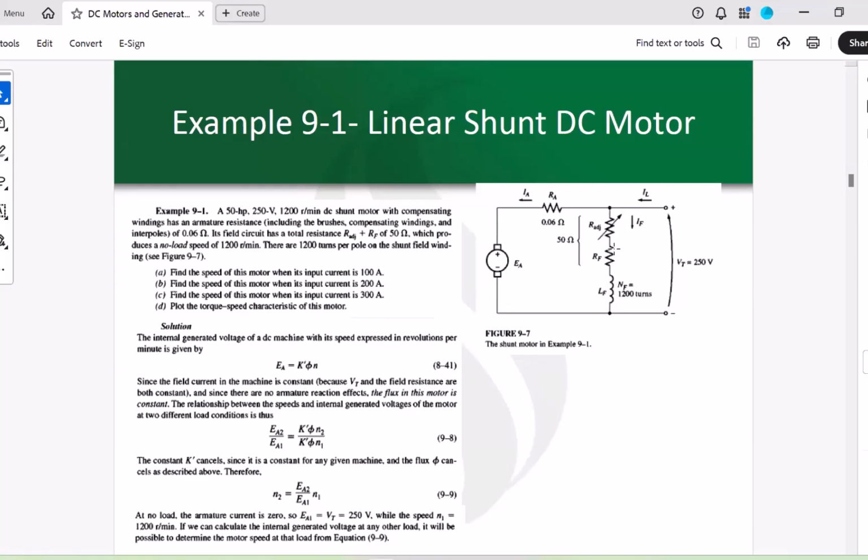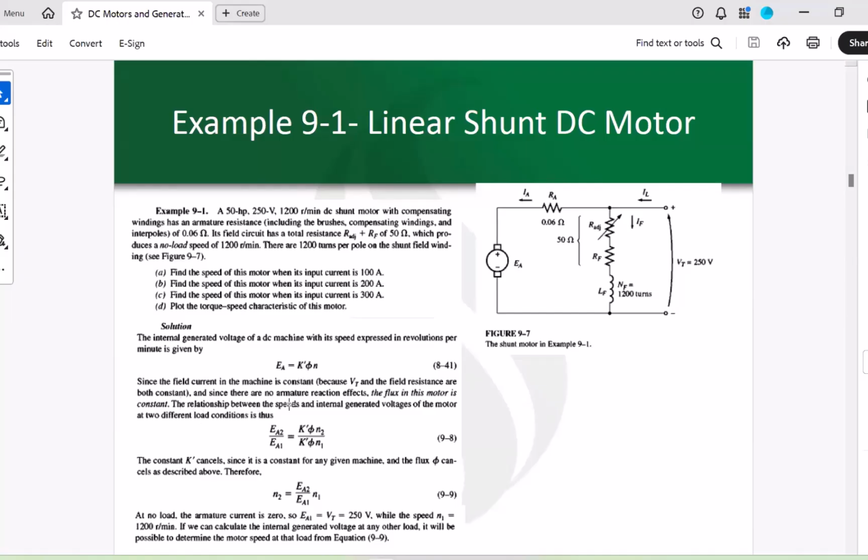As you can see through the circuit, Vt is also constant, and this field resistance is constant, so the current that flows in here is constant. And because there is no armature reaction, phi remains constant, because phi has a relationship with IF. Since there is no armature reaction, the flux in this motor is constant. So overall, we can conclude that phi is constant.